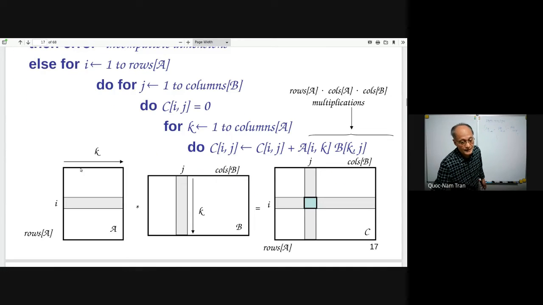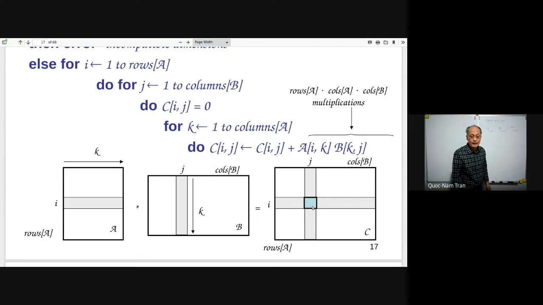So that said, every element we need to calculate in the result will be multiplying row I with column J, right? By multiplying the first element of row I with the first element of column J on the second matrix, and accumulate them. Add the second element of row I on the first matrix, multiplied with the second element of column J, okay, accumulate all of them.